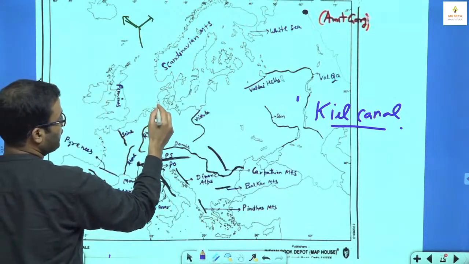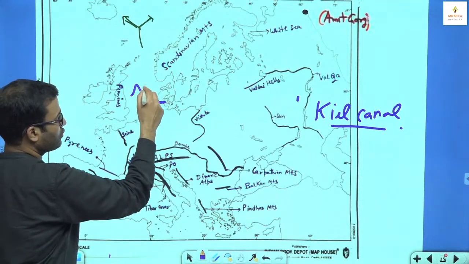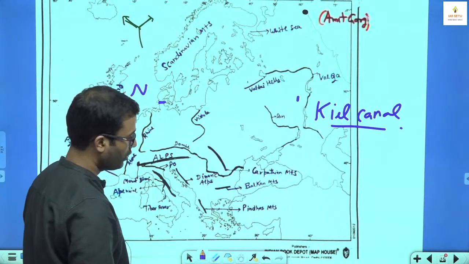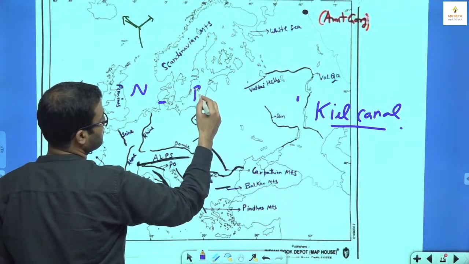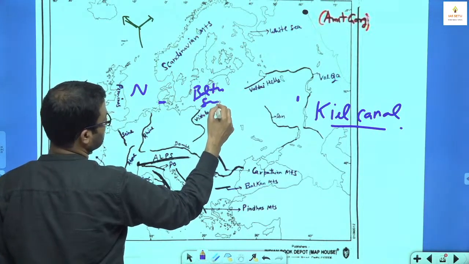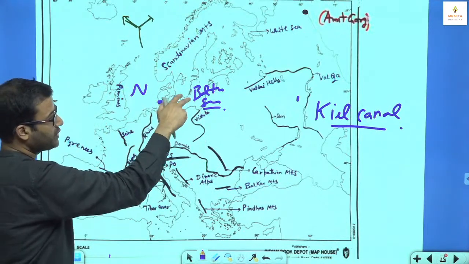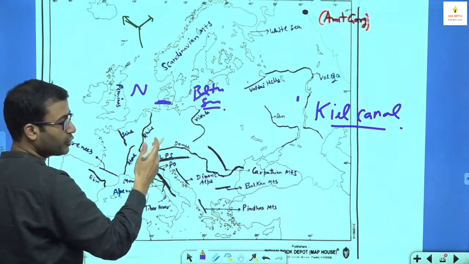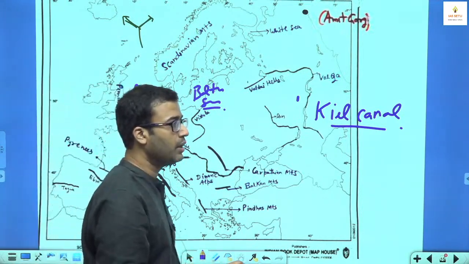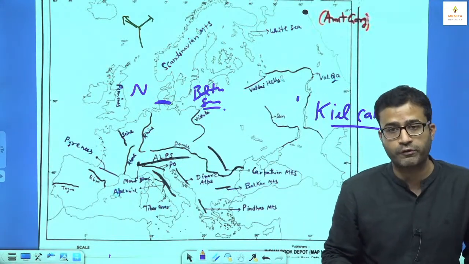So here we have Kiel Canal. This side we have North Sea. And here we have Baltic Sea. This is Baltic Sea. This Kiel Canal has reduced the distance between North Sea and Baltic Sea, and here in Europe and North America, they have done lots of investment for the inland waterways.